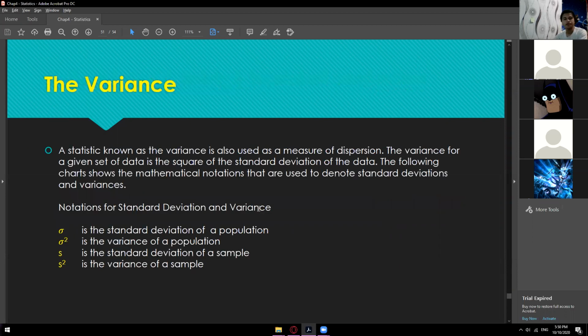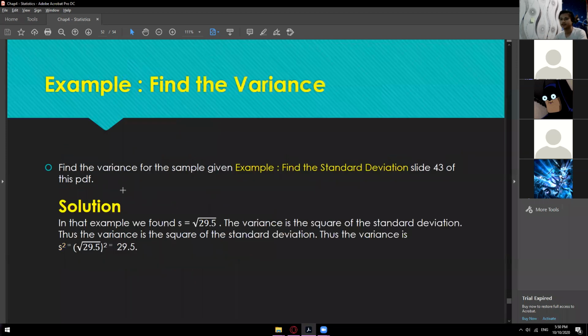Okay, so yun, ganun lang kadali yung variance. Okay, pero ang downside lang again is kapag mali yung nakuha yung standard deviation, mali na rin yung variance. Okay, or mali yung step number 4, mali na rin yun, of course. So parang 2 in 1. So 2 in 1 na tama ka kung tama ka man, or 2 in 1 na mali ka kung mali ka. Okay?